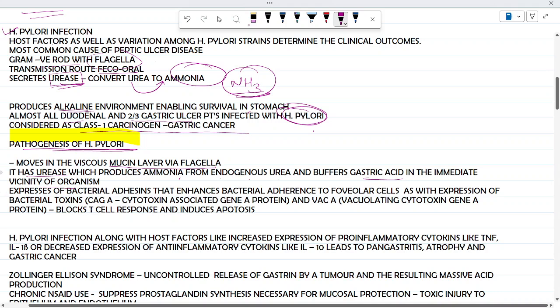So it expresses bacterial adhesins that enhance bacterial adherence to the foveolar cells, along with expression of bacterial toxins: CagA, that is cytotoxin associated gene protein, and the second is vacuolating cytotoxin gene protein. Both of these bacterial toxins block the T cell response and induce apoptosis.